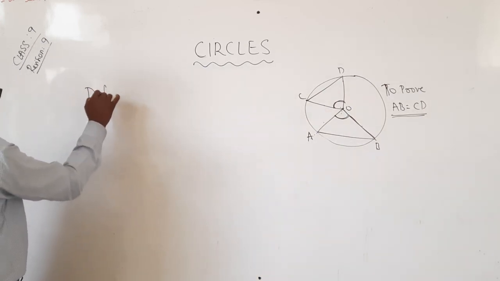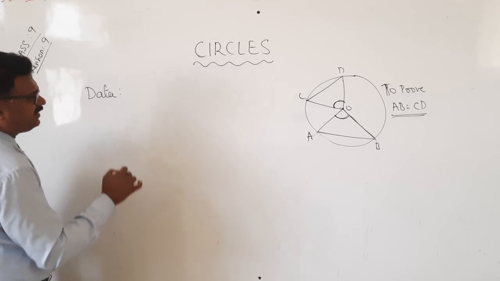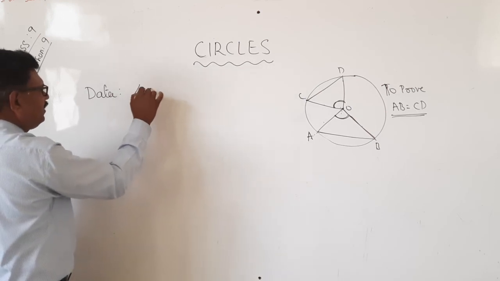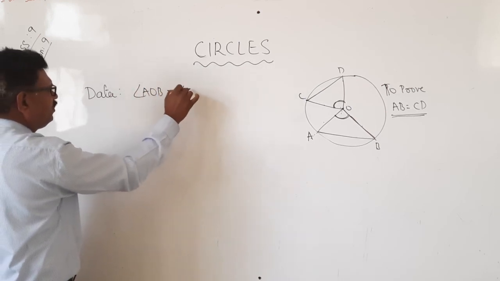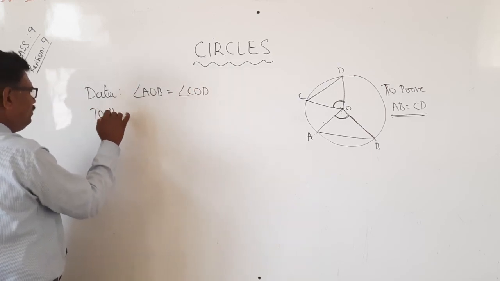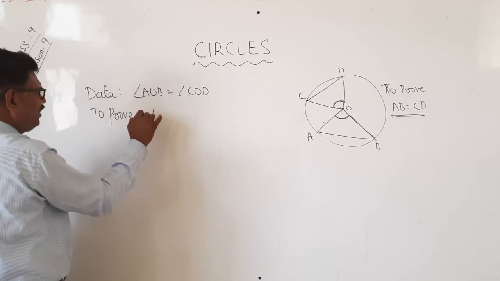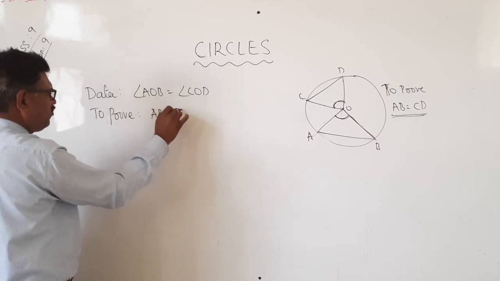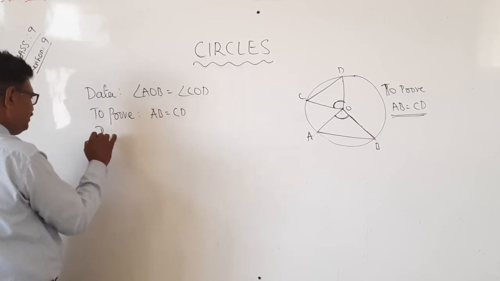What is the data given? Angle AOB equals angle COD. Next, what we have to prove? AB equals CD. Next, proof.